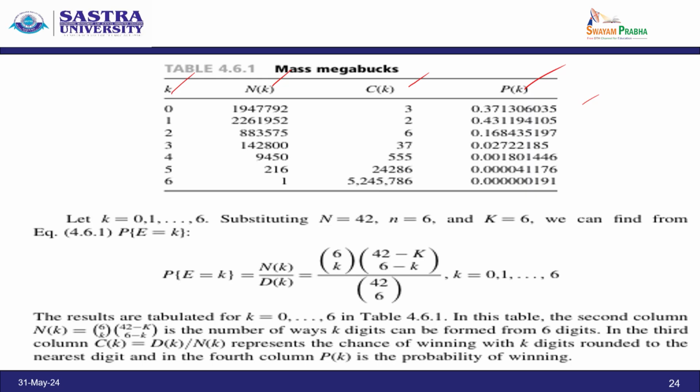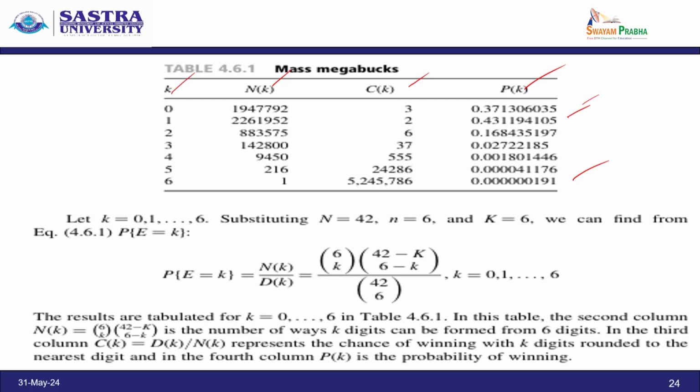Here D of k is 42C6, and C of k is D of k by N of k, and then we can take the reciprocal. This represents the winning probability, therefore 0.431194105. Proceeding in this way, we can get up to 6. So, N of k is demonstrated, C of k demonstrated, and P of k identified.